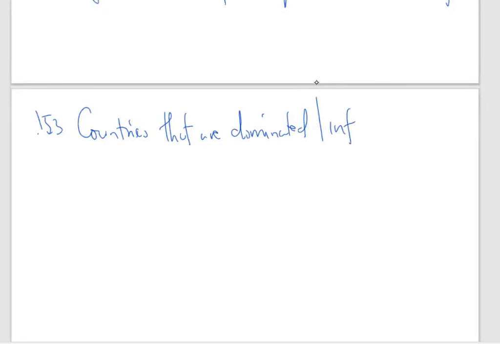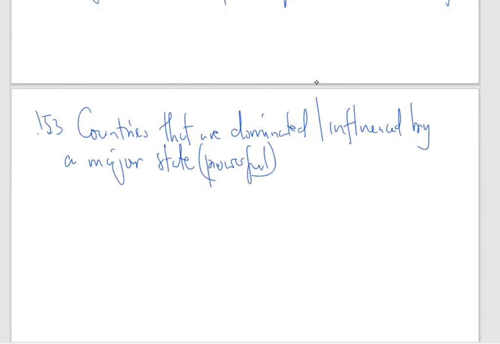When we're talking of satellite states, we are looking at countries that are dominated, or we can say they are influenced by a major state, which is in this instance a more powerful one. This is in general context.